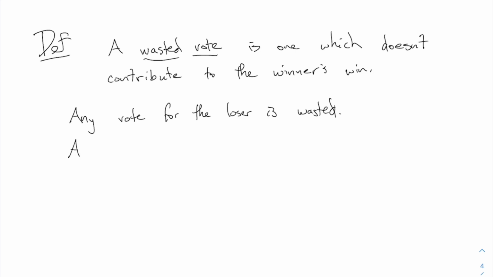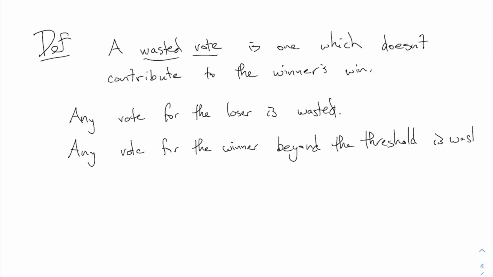So I'm going to say any vote for the winner beyond the threshold is wasted. That's because if you only need 5 votes to win, but you get 15, 10 of those were extra, and you didn't really need those, right? Those voters could have had a bigger effect in a different district, so they are counted as wasted. So any vote for the loser is automatically counted as wasted. Any vote for the winner beyond the threshold is counted as wasted.